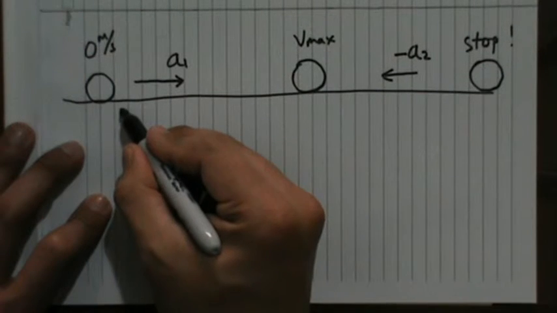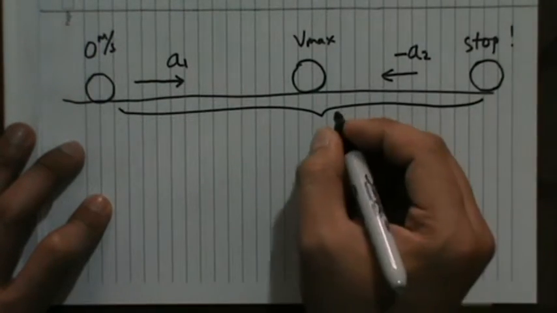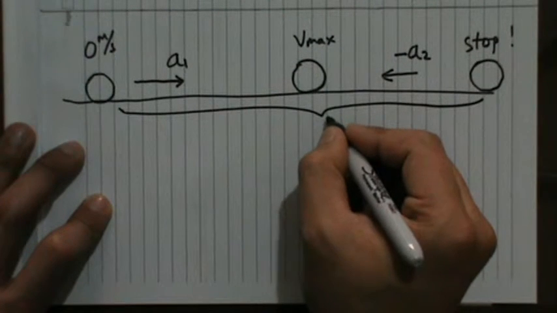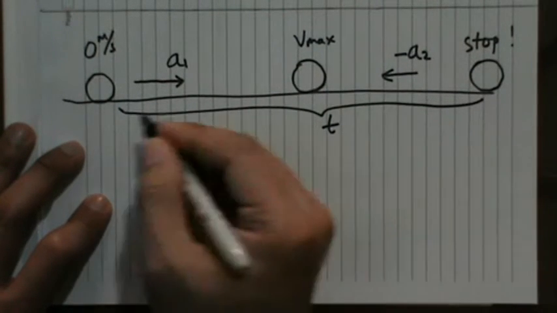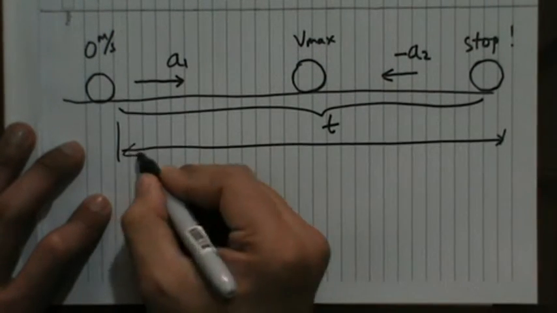So the total traveling time from the beginning until it stops is given, it's t. Now we are asked to find the distance.